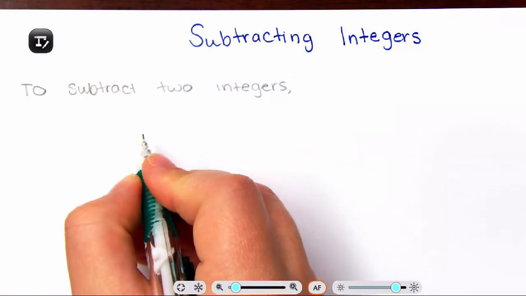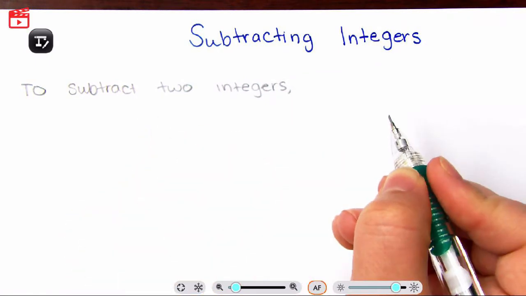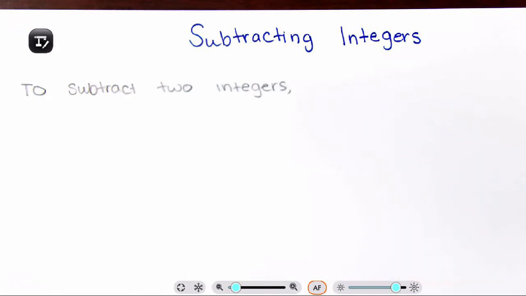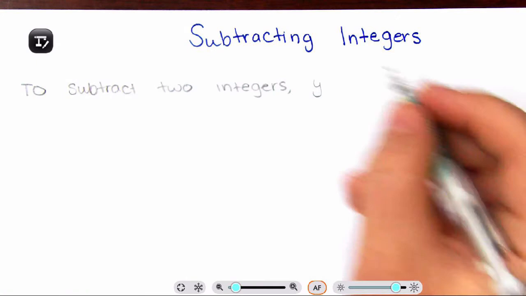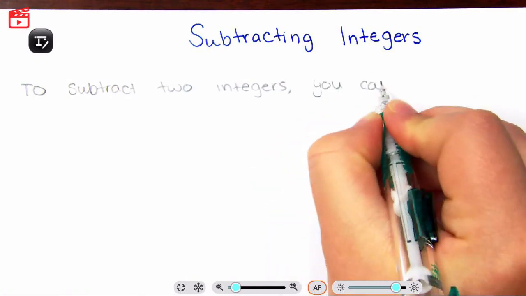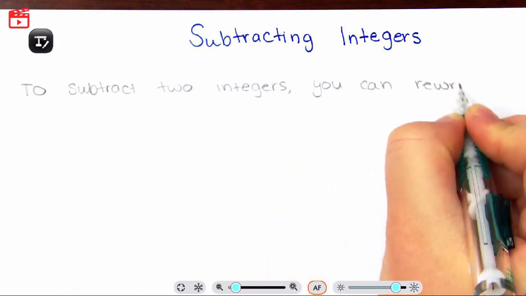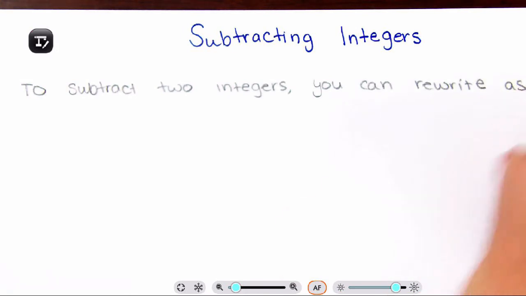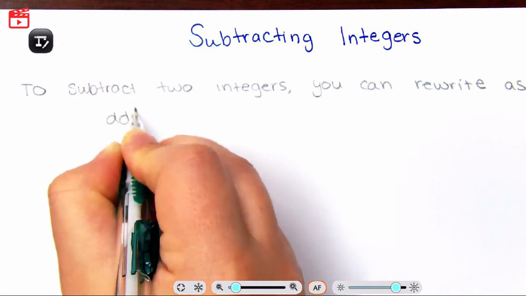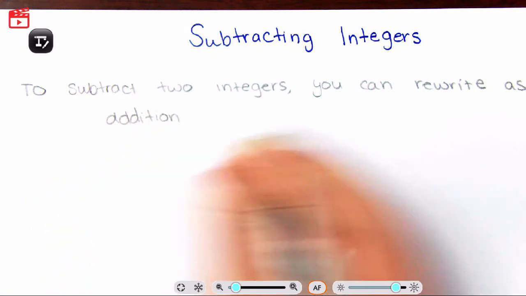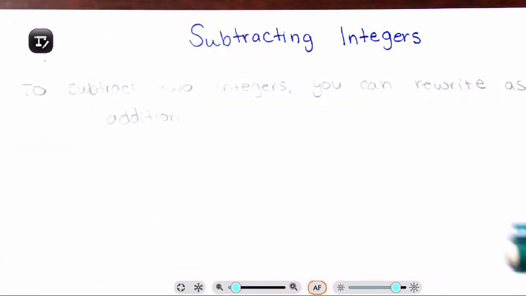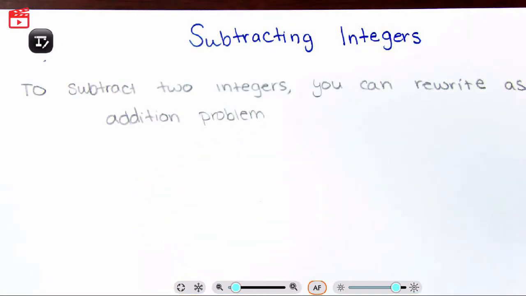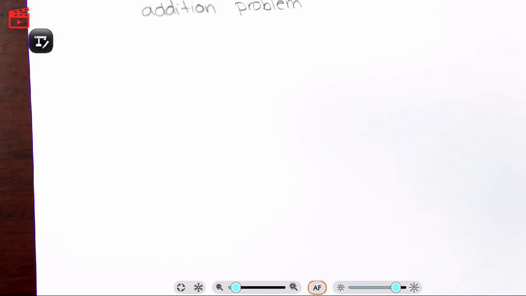So let's say to subtract your integers, you can rewrite it as an addition problem. For example, here are our rules.